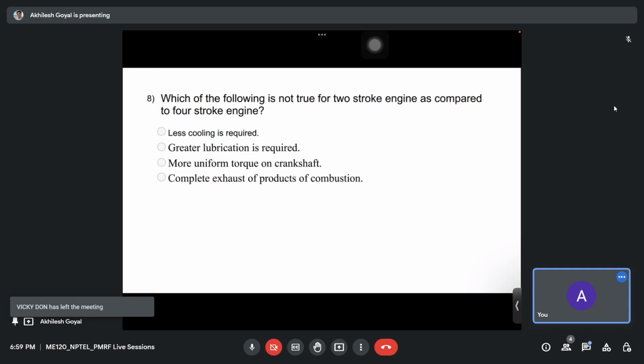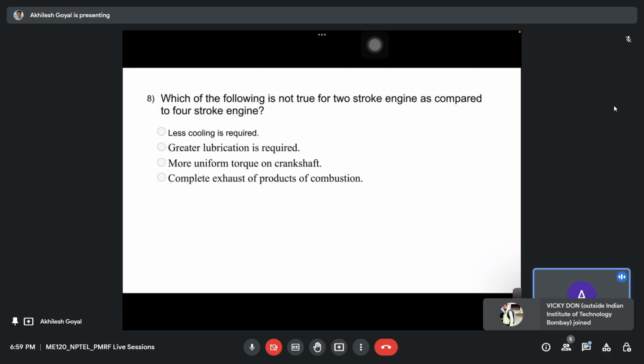Okay, so let's start with the lowest or option D. So complete exhaust of products of combustion, more uniform torque on crankshaft, greater lubrication is required. Okay, so here you can see.